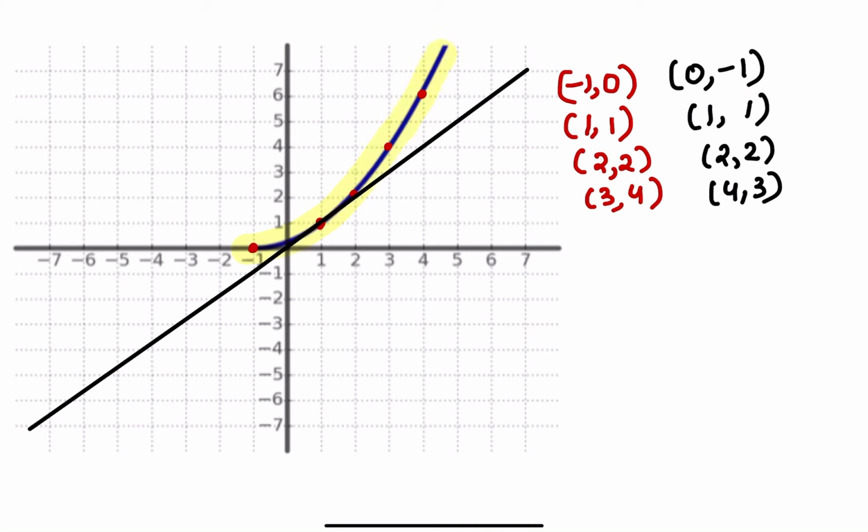When I flip it, instead of starting at -1 and 0, now I start at 0, 1. Remember the inverse point? The next one is 1 1, same point. The next one is 2 2, same point. The next one is 4 3. So this graph will look something like this.